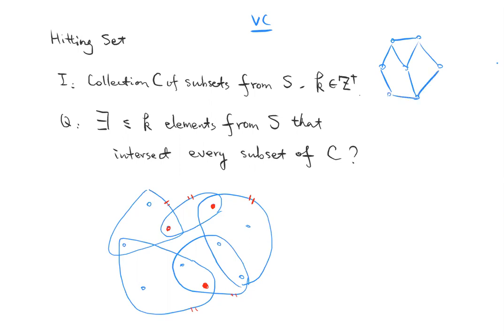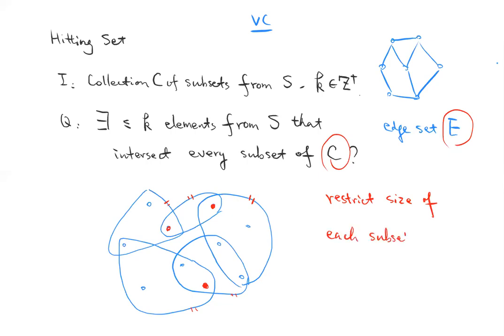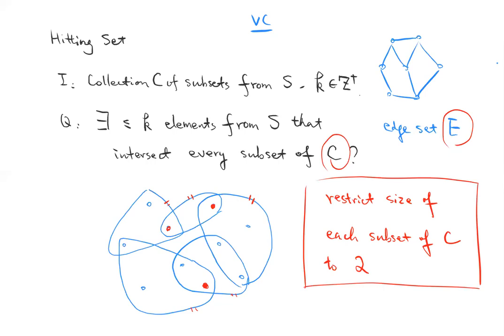This is a graph. The graph has an edge set. The edge set is made of two-element subsets. So each edge is a special case. In this case, the restriction is: if we restrict the size of each subset inside C to be 2, what do we get?